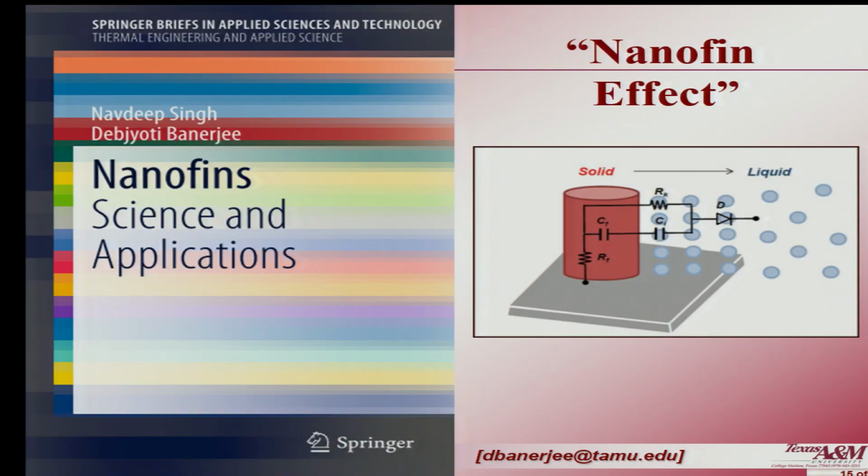In any case, as I mentioned on Monday, to explain it, we call it the Nano Fin Effect, where we find that the parameters at the interface between the solid and the liquid are the ones that are dominating the game. And our understanding of what is happening at that interface between the solid and the liquid is there are 3 thermal impedances. Okay, so there is a resistor, there is a capacitor, and then there is a diode.